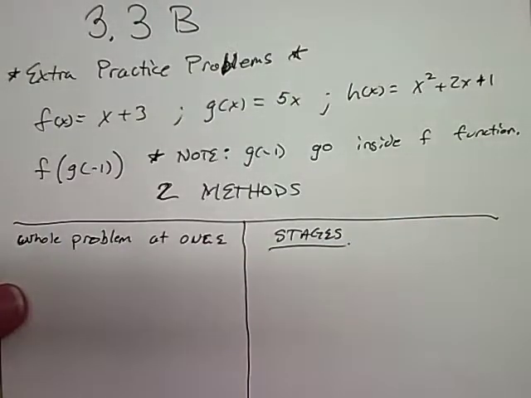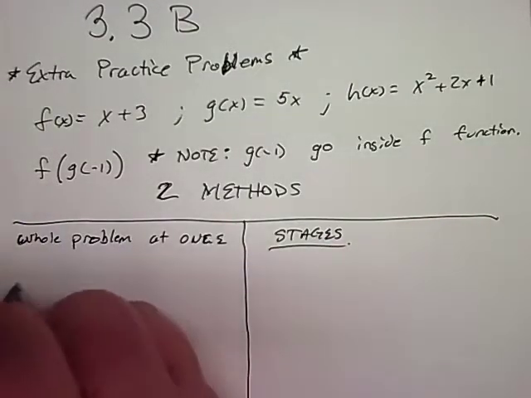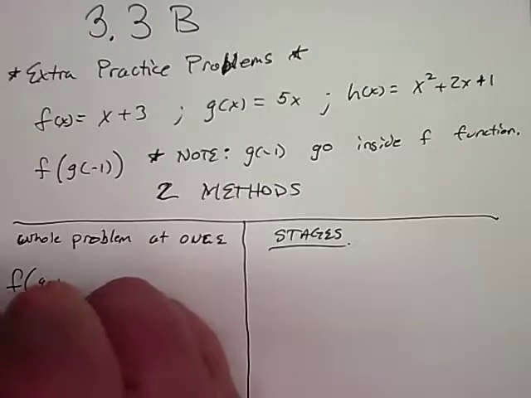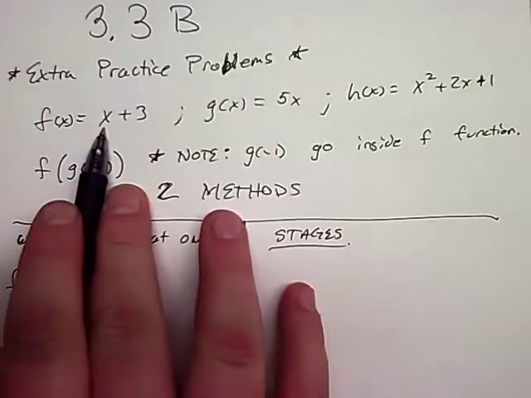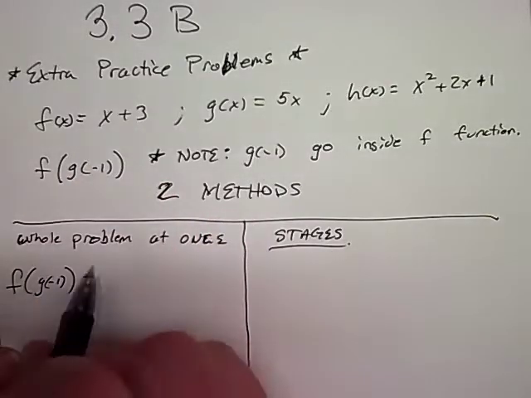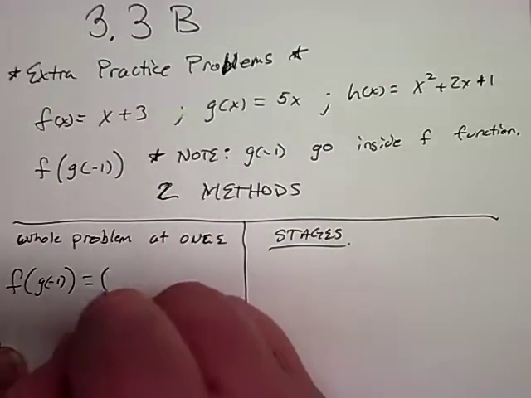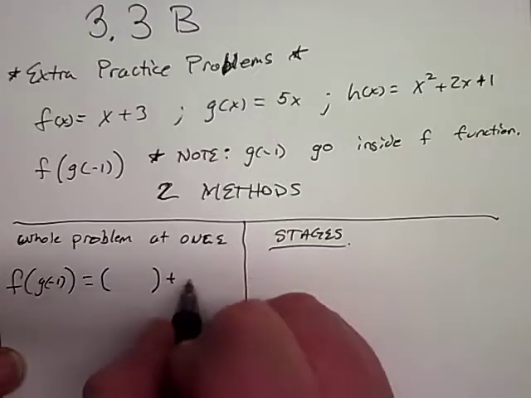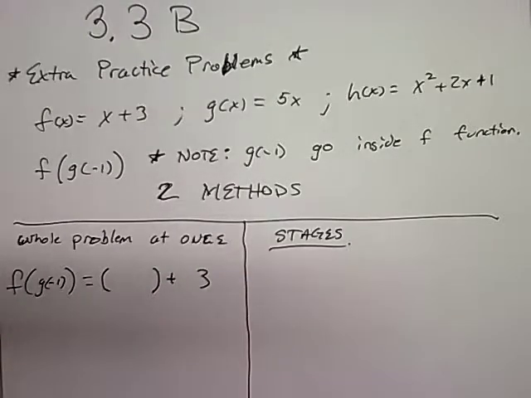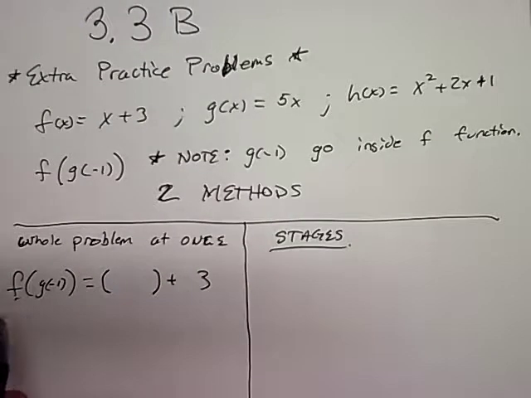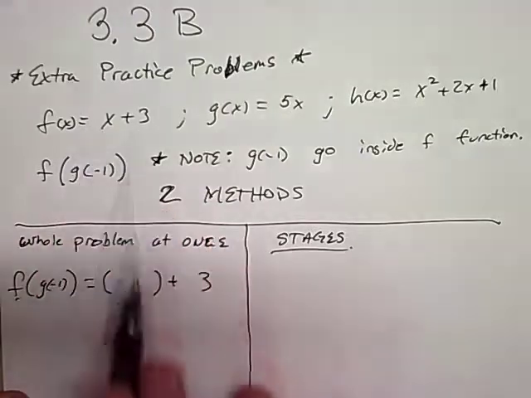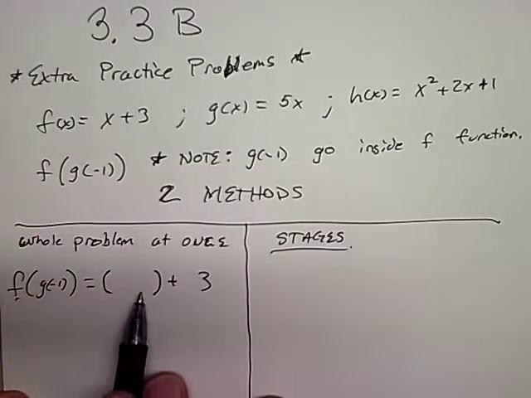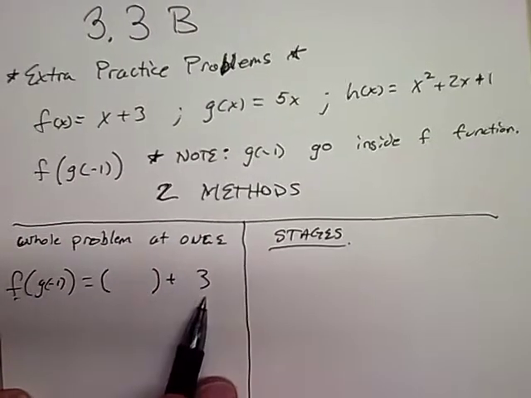All right. So if we're going to do the whole problem at once, that means here it says that g of -1 is going to go inside of f. Well, f is x plus 3, right? So here I need x plus 3. The outermost function is f. So the whole thing should look like f, and f is x plus 3. So notice I have big old parentheses where x used to be, x plus 3.